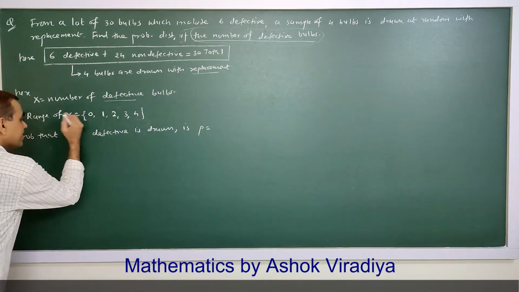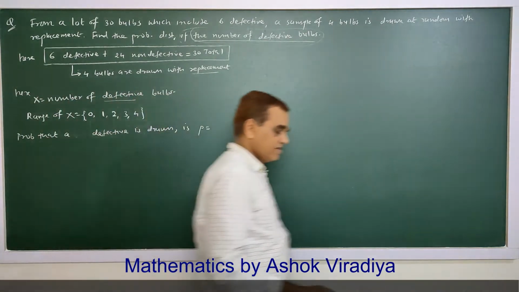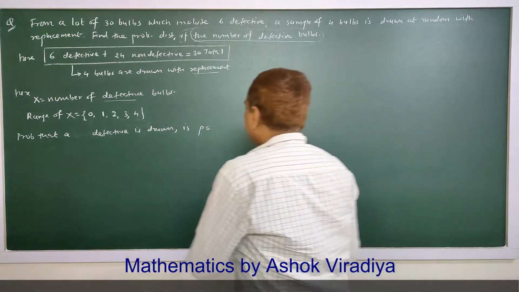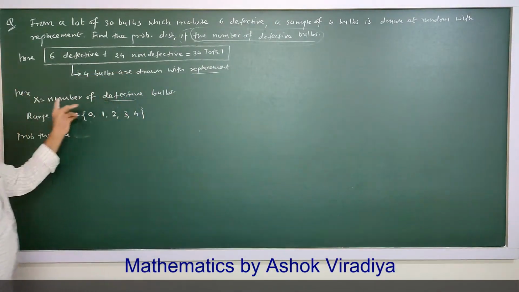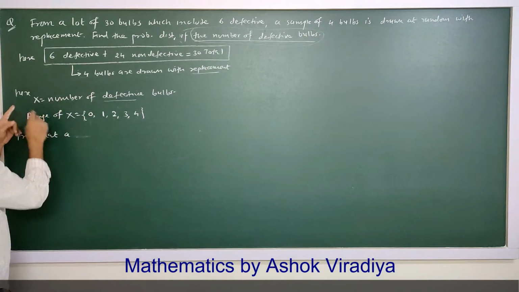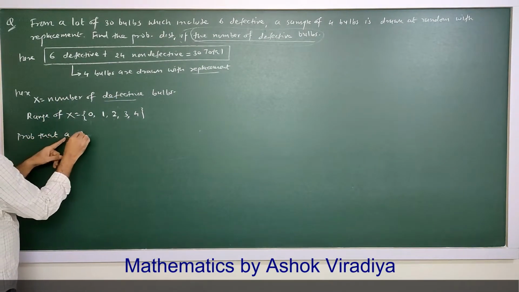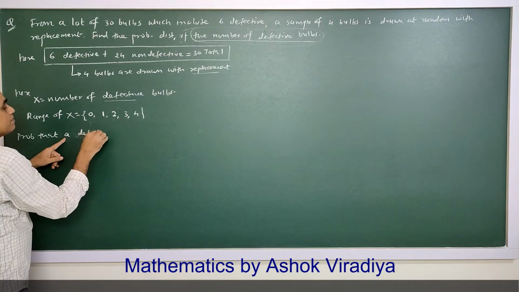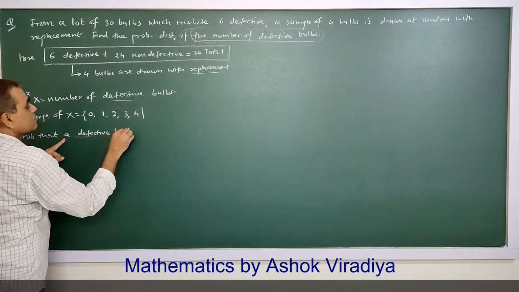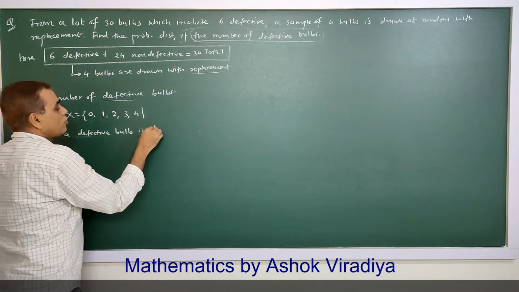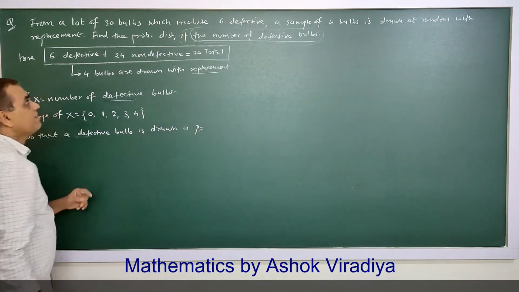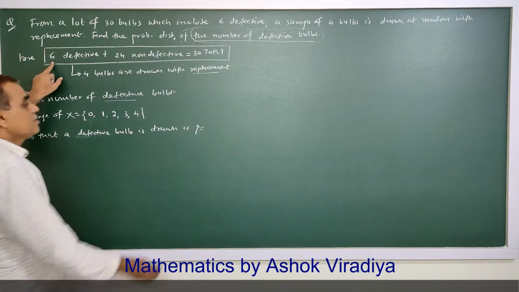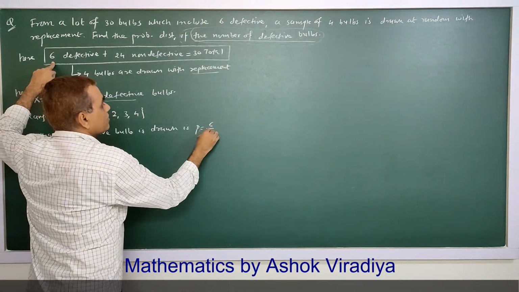According to the question, we maintain the sequence of statements. We are asked the number of defective bulbs, so the probability that a defective bulb is drawn: defective bulbs are 6, so 6 upon 30.